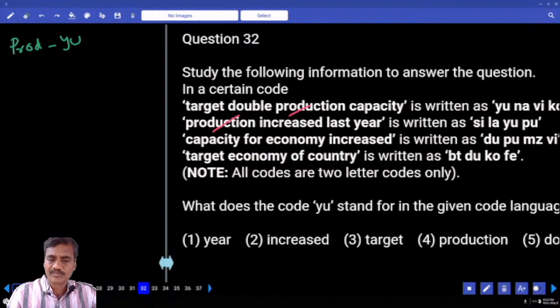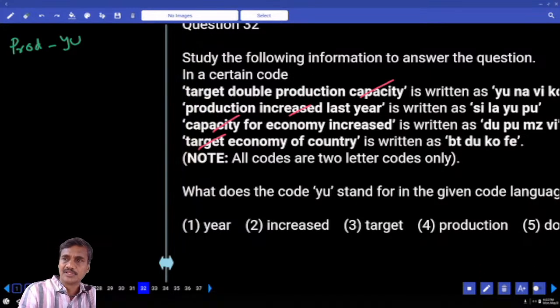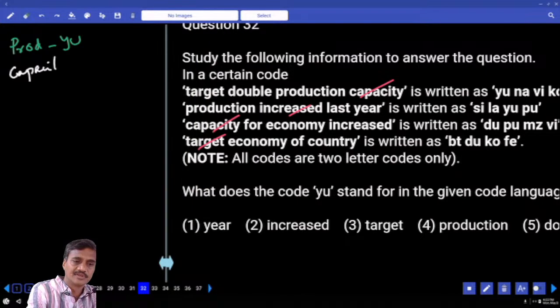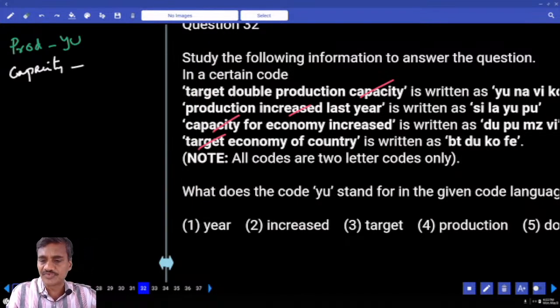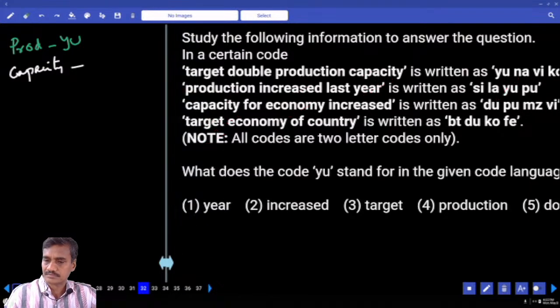And if you compare the first and the third, target double capacity. Capacity is the word that is common between the first and the third.